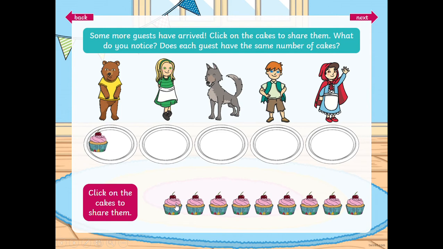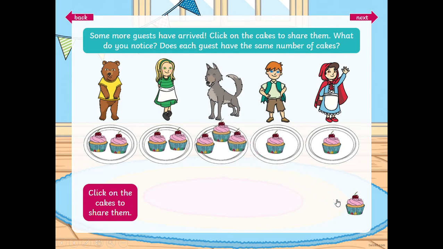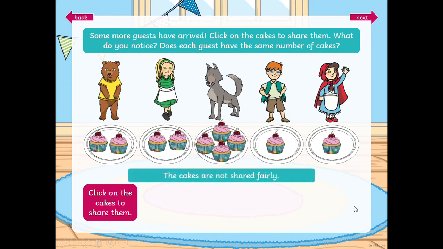One cake to Baby Bear, one cake to Goldilocks, one cake to the Big Bad Wolf, one cake to Hansel, one cake to Little Red Riding Hood, one cake to Baby Bear, one cake to Goldilocks, and the rest to the Big Bad Wolf.